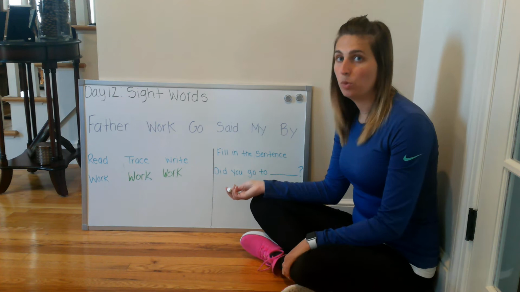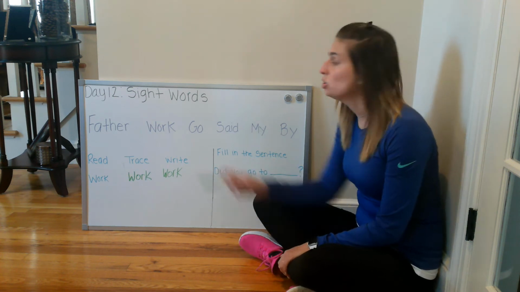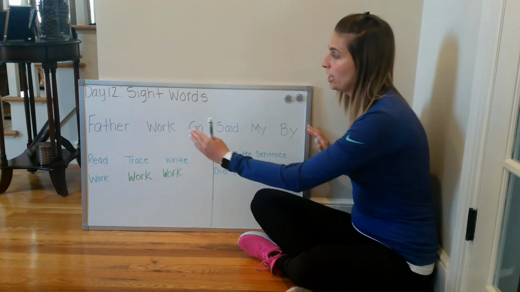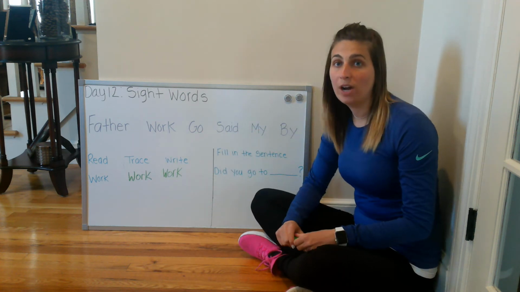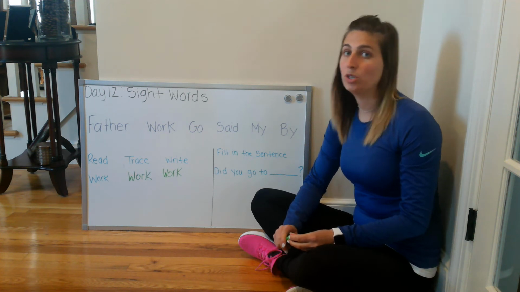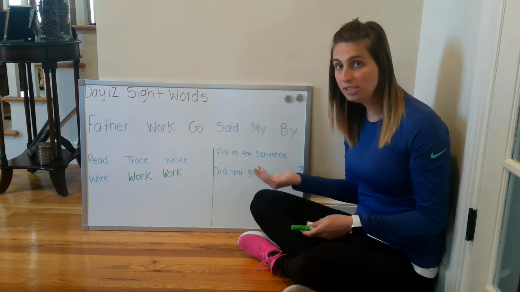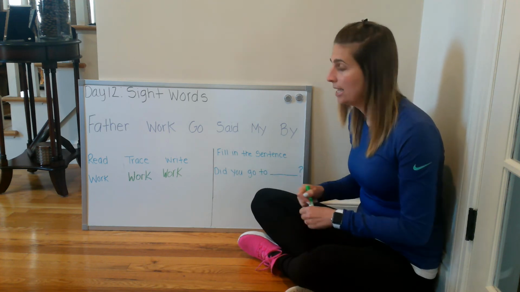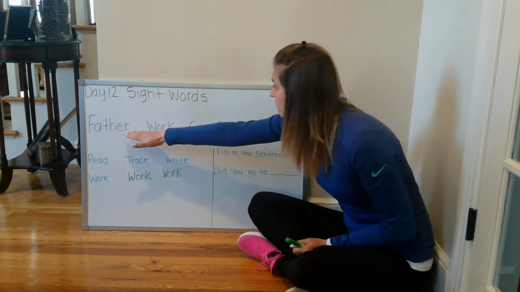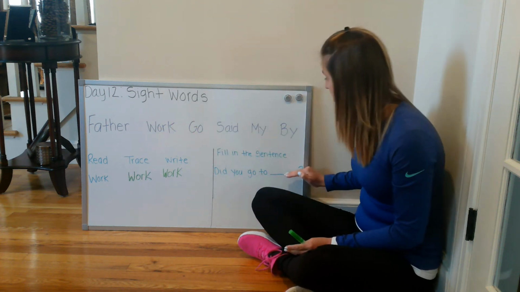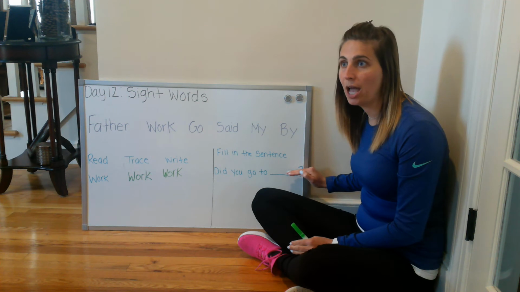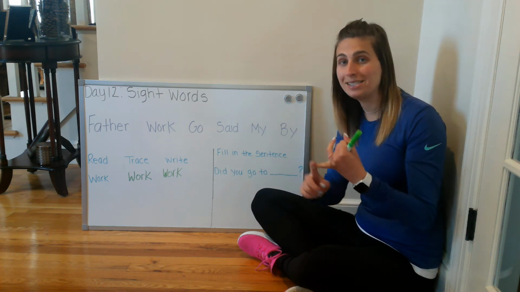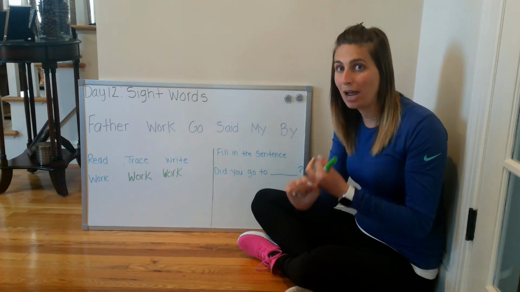The second part of your worksheet is you're going to fill in the sentence using one of the sight words above. The sight words right here are going to be in a word bank. Some of you are very familiar with word banks because we use them during reading. So the first thing I'm going to do is read my sentence just as is. Then I'm going to start filling in the sight words. And as I fill in the sight word, I'm going to see, when I fill that sight word in the blank, does my sentence make sense and does it sound correctly?